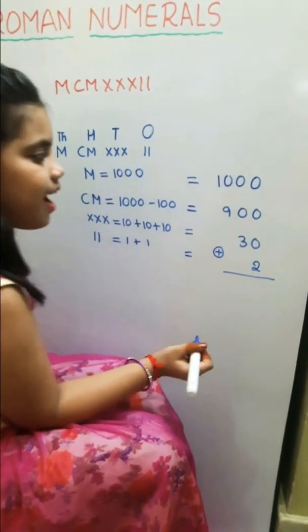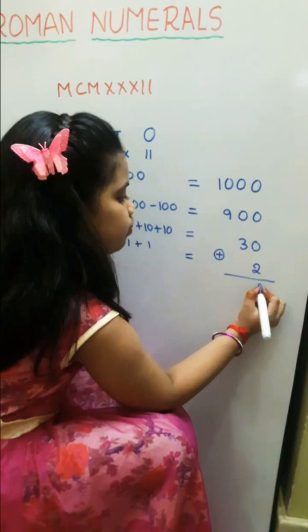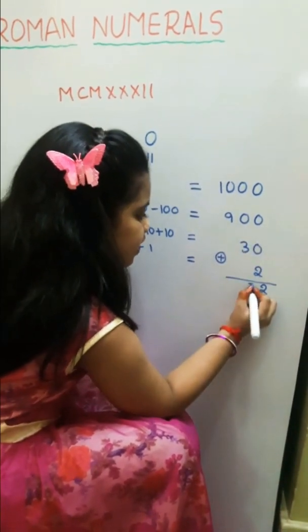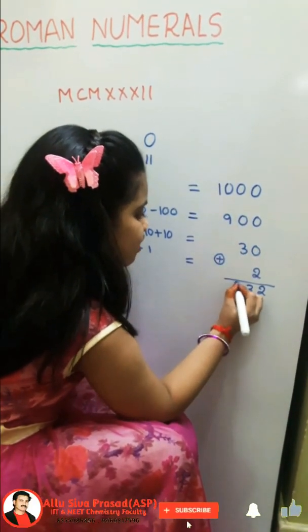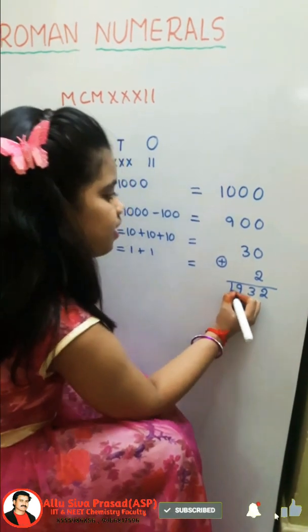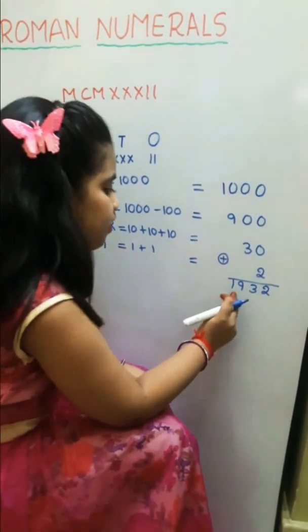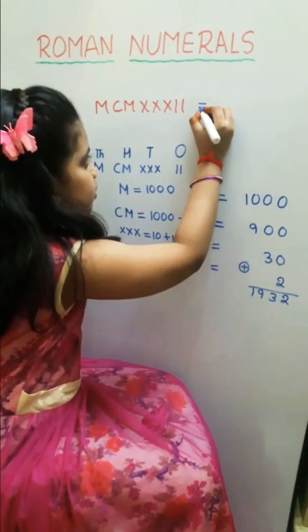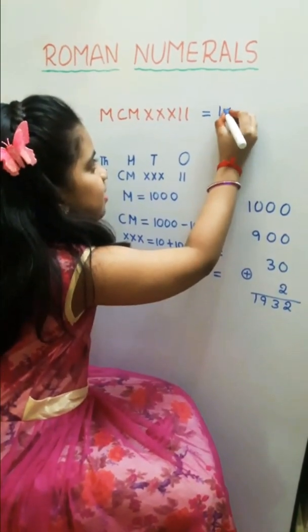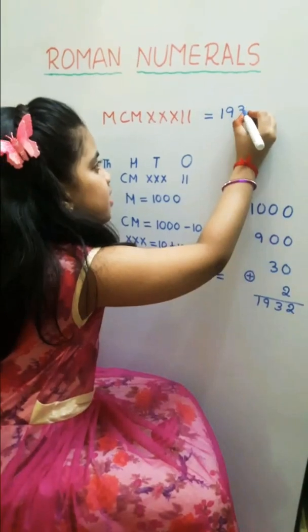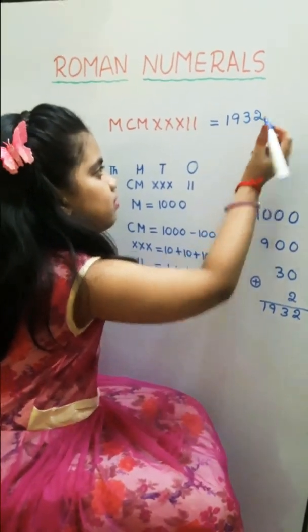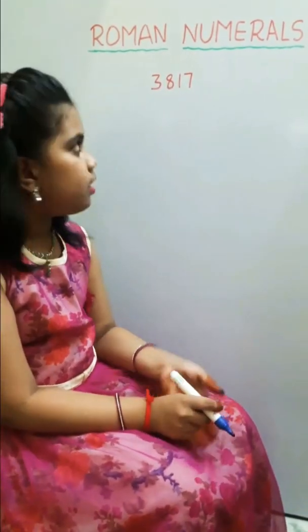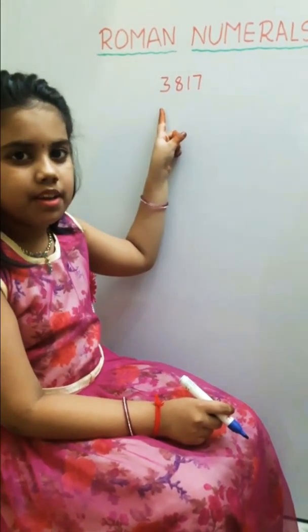We have to add these: 2, 3, 9, 1. The total is 1932.